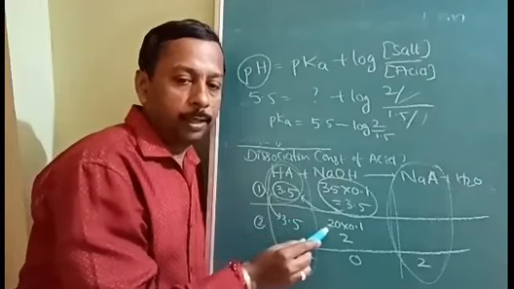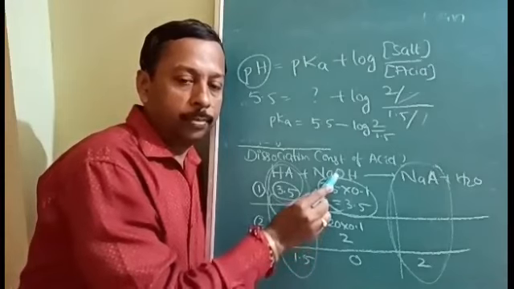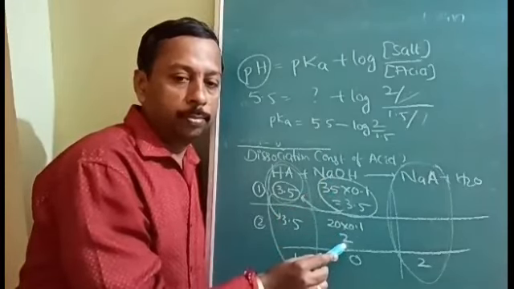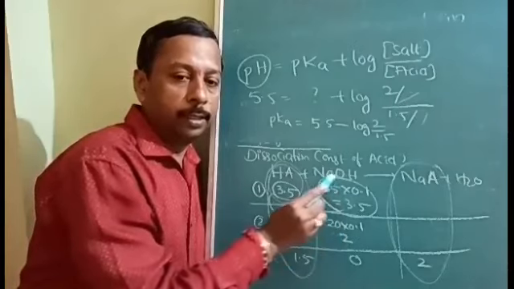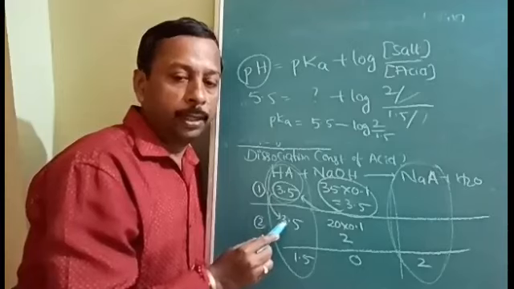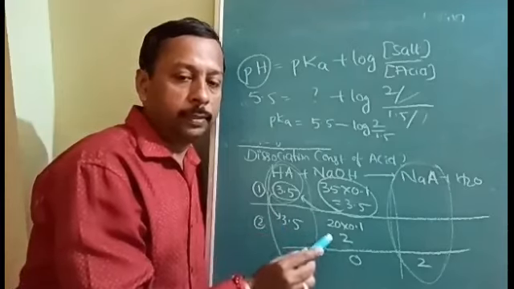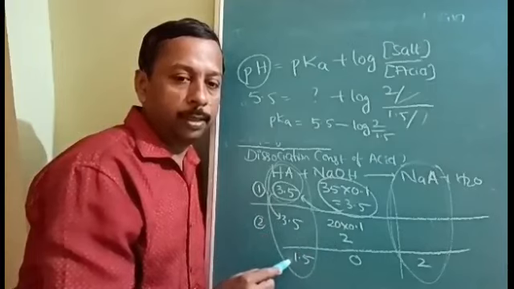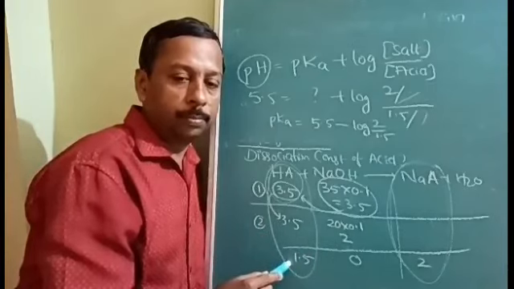To that we have added 20 ml of NaOH whose concentration is 0.1. So 2 milliequivalents of base were added, and 3.5 milliequivalents of acid were available. This is the initial condition. Once you allow them to react, this will be left over. How much is left over? 1.5.